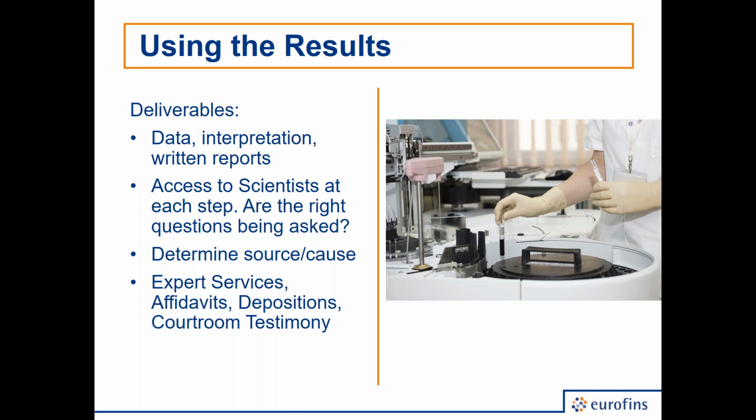Oftentimes 1 + 1 + 1 doesn't equal 3, it equals 5 or 7 or maybe 17, because all the people collaborating on the investigation bring something different, and we're able to complete the 6M or fishbone chart to get to the true root cause, preventive and corrective actions, which is ultimately what I want.